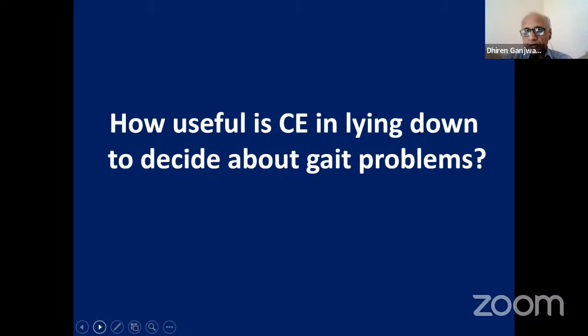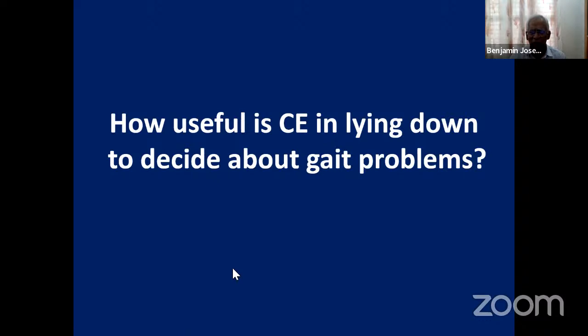So how relevant and how reliable is the information we get from the lying down position for a problem of standing and walking posture, where tone will be very different in both situations? No doubt there's a difference in tone between standing and lying.